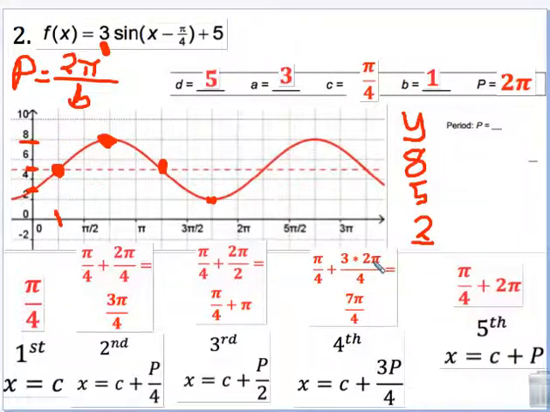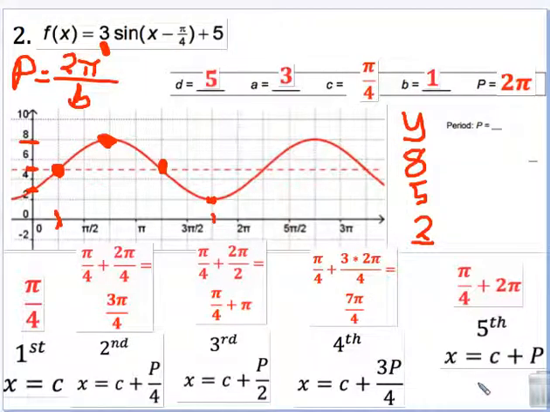You get 6 pi here, plus another pi gives you 7 pi over 4. It's actually easier just to leave it 7 pi over 4. Just count all your fourths of a pi. So here's 1/4, 2/4, 3/4, 4/4, 5/4, 6/4, and 7/4. Okay, so this would be 7 pi over 4, and then our minimum value of 2.